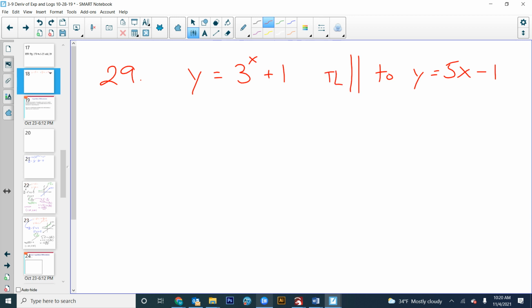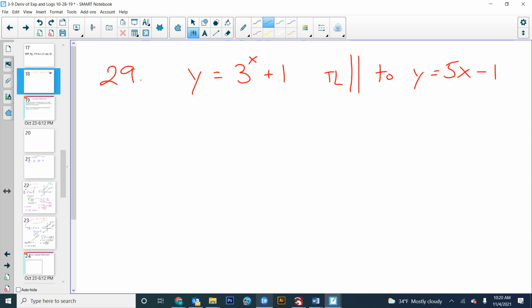Tangent line parallel. Interpret for me. If the tangent line is going to be parallel, the tangent line has a slope of 5. We want the tangent line to have a slope of 5.